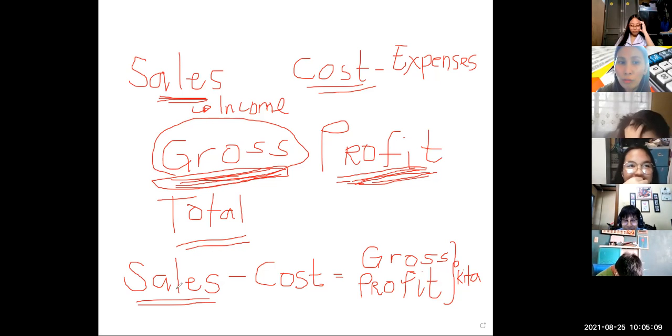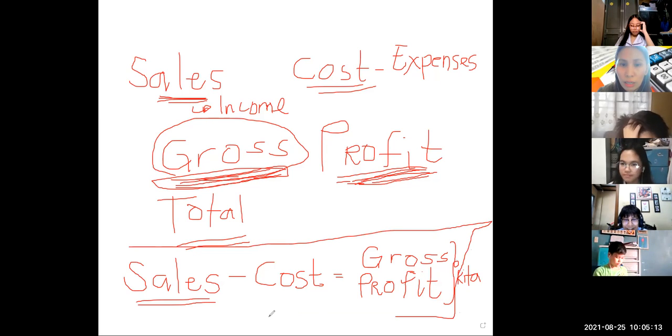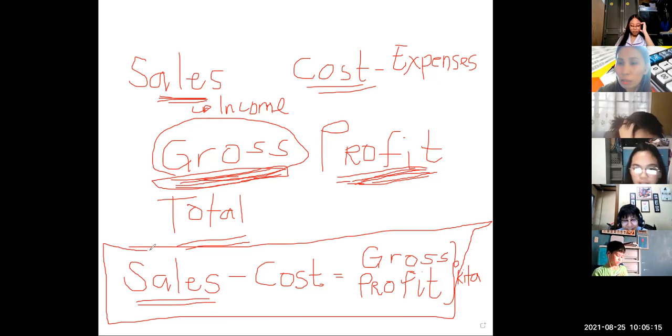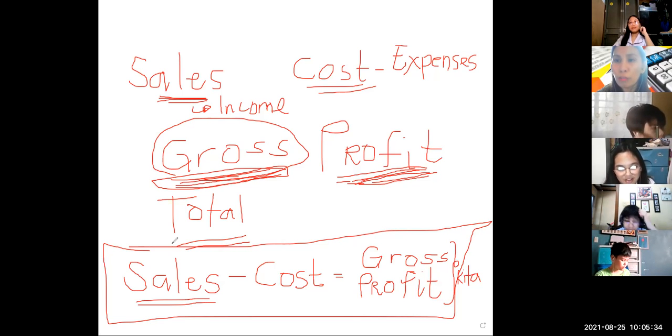Kaya importante yung formula na ito. Okay? Importante itong formula na ito. Sales minus cost is equals to gross profit. May question kayo regarding dito sa tatlong terms na to, the sales, cost, and gross profit? Kahit sa business, applicable itong formula na to.